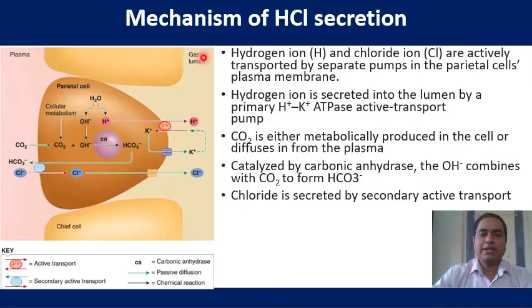So now we will understand the mechanism of HCl secretion. The HCl is not secreted as a whole. Actually, the hydrogen ion and chloride ion are actively transported by separate pumps in the parietal cell's plasma membrane. By using this figure, we can understand the mechanism of HCl secretion by the parietal cells.